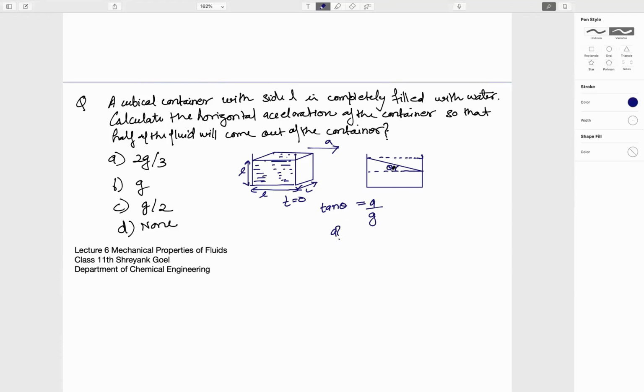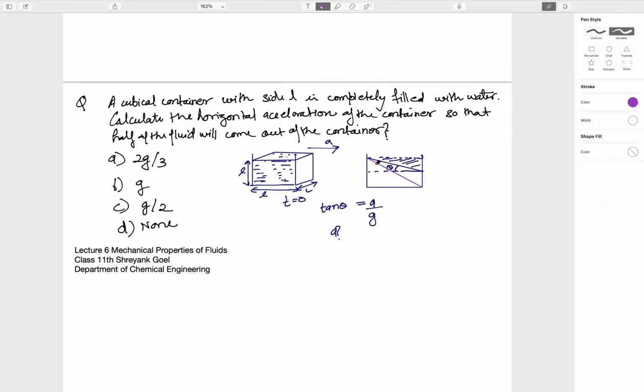Okay. So if you see this from this figure, we cannot say that this is half of the total fluid. To spill half of it, we need to cut it at a 45-degree angle. So in order to do that, it should be like this.